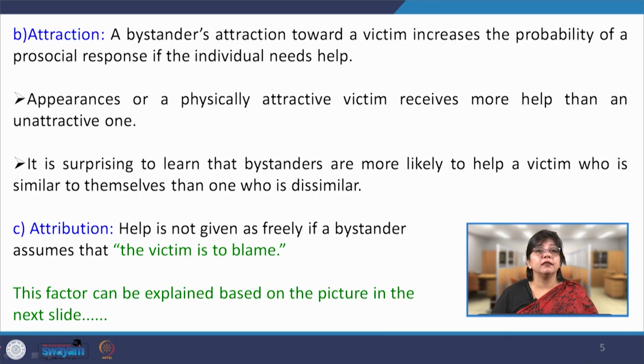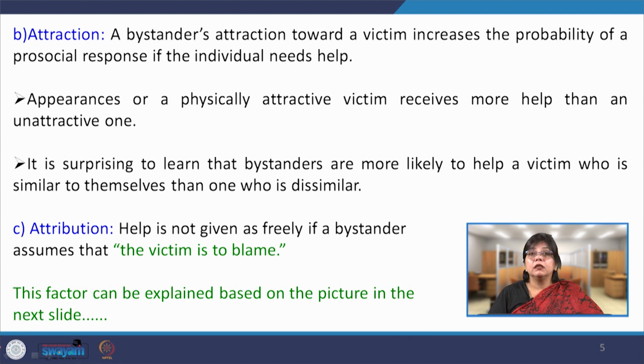The other aspect is a situational factor, that is attribution: how we connote meaning to the situation. Any victim of an emergent situation, we will not help easily. Help is not free. People tend to attribute certain reasons to the emergent situation and then decide to help.